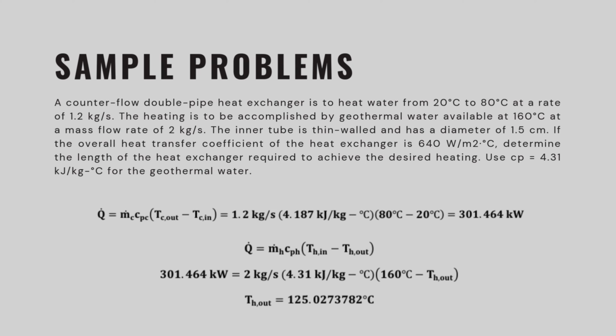Now, using that rate of heat transfer, we can get the temperature of the geothermal water on the outlet simply by rearranging our values, and we get 125.0273782 degrees Celsius, signifying that there is a certain amount of heat that's transferred into the cool water between the two fluids.